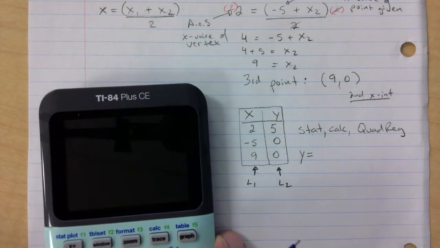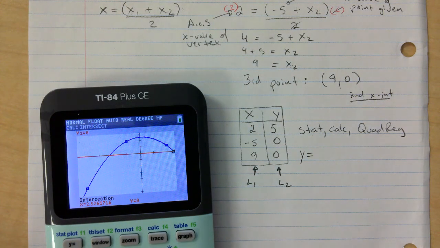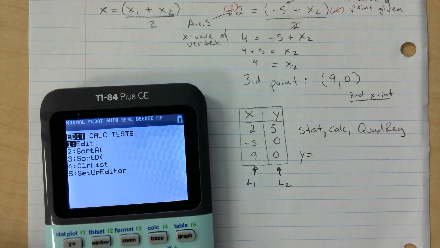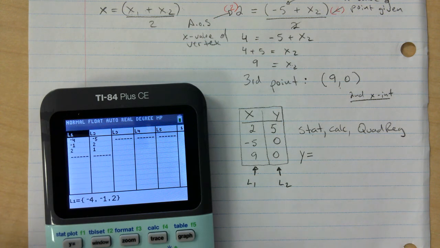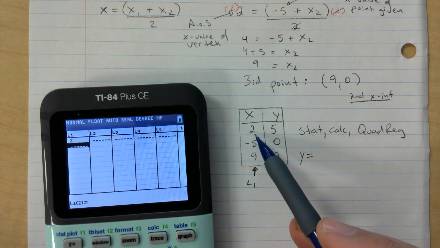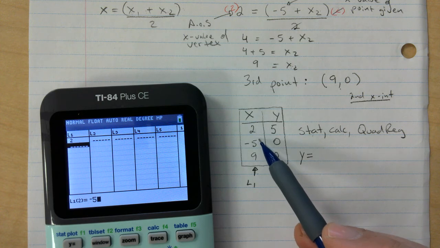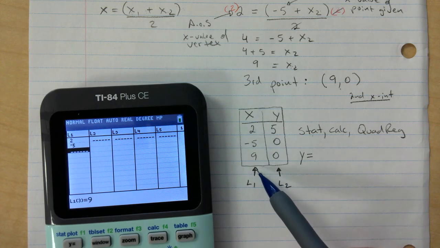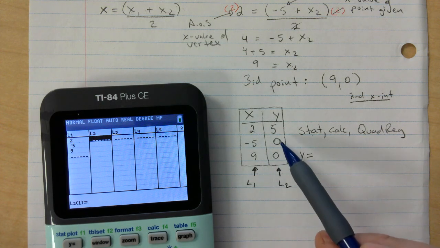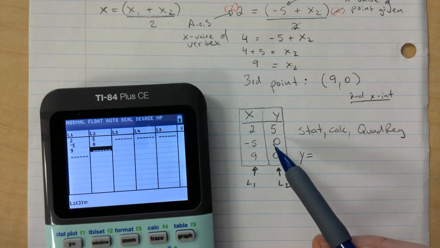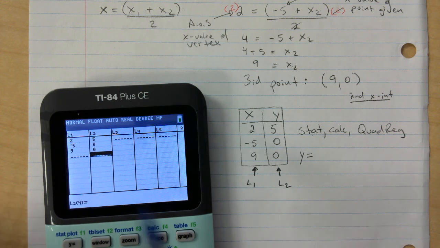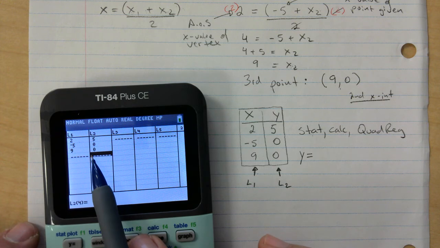And we're running very thin on time here, so stat, edit, I'm going to clear my entries. I'm going to type in the x values, 2, enter. You have to hit enter after every entry, that's the annoying part. 5, 0, 0. You have those 3 points.